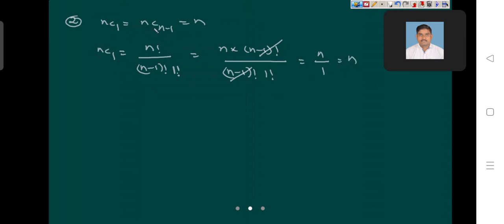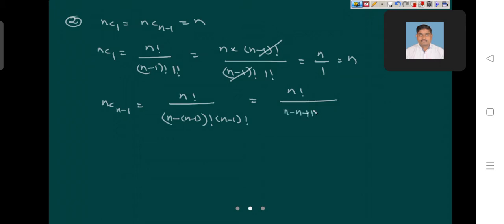In the same way, nC(n minus 1) is equal to n factorial by (n minus 1) factorial into (n minus (n minus 1)) factorial, where r is n minus 1. After simplifying, n factorial by (n minus n plus 1) whole factorial into (n minus 1) factorial.